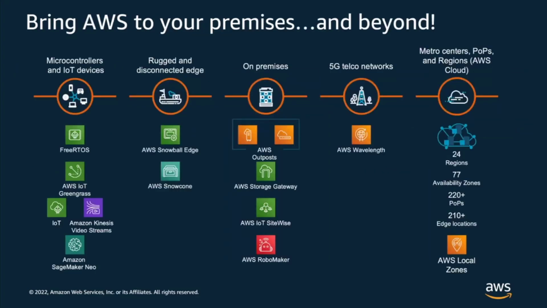And I wanted to zoom out a little bit just to make sure, if I zoom out of Outposts for a minute, both rack and servers are kind of right dead center of your screen. Rack and server form factors are part of a range of AWS options for different needs, really. We've got everything from far edge microcontrollers and IoT devices, to rugged disconnected locations with the Snowball family that I mentioned earlier, to the on-premises that we've been mostly focused on here today, where Outposts is a great solution, and all the way to 5G telco services with Wavelength.